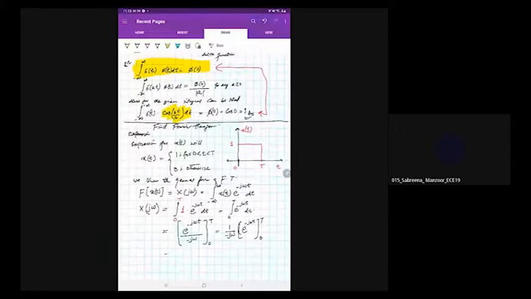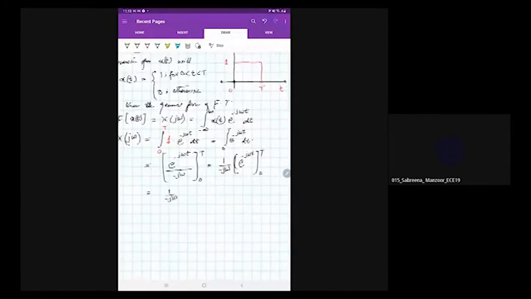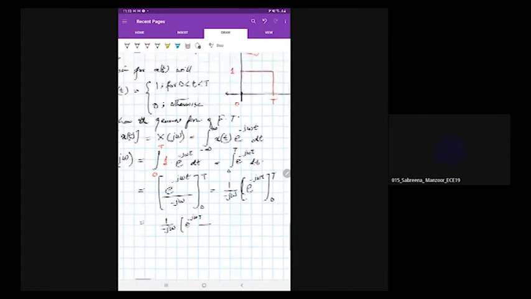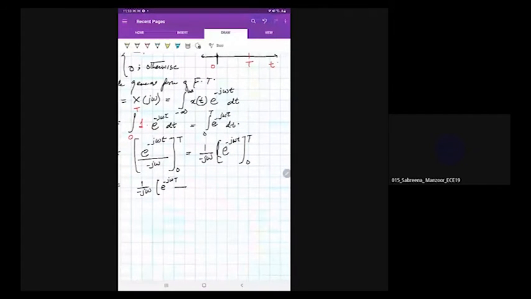So we can further write it down as 1 by minus j omega, then e raised to power minus j omega t minus e raised to power 0. That could be written as minus 1 by j omega into e raised to power minus j omega t, e raised to power 0 is equal to 1.